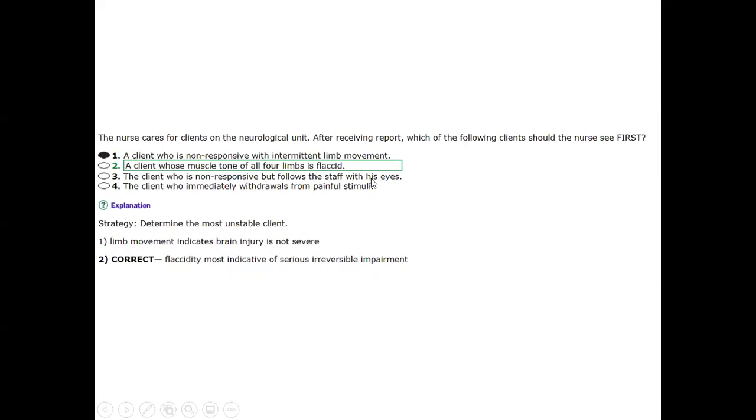So this patient is not in a coma. If you evaluate with the Glasgow Coma Scale, this patient is oriented. Number 4, the client who immediately withdraws from painful stimuli. Number 4 is very stable and responds to painful stimuli. So what are the priorities?